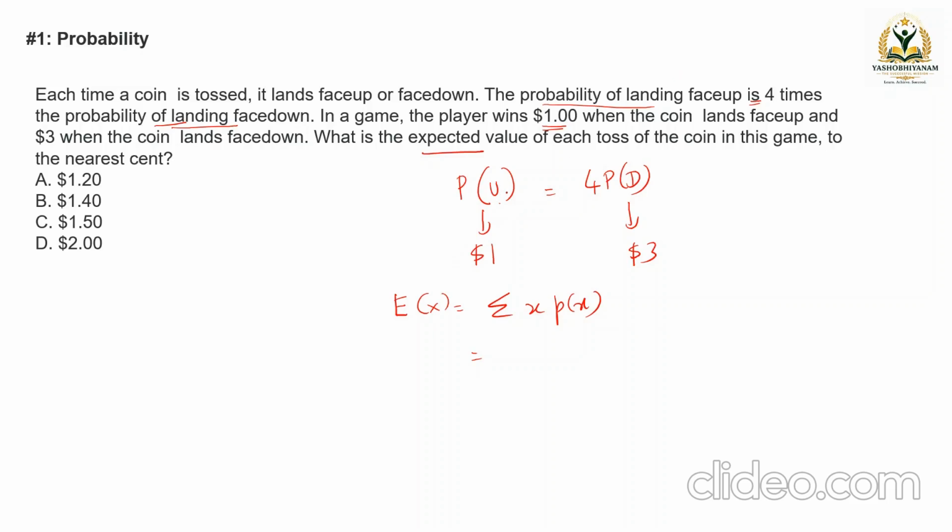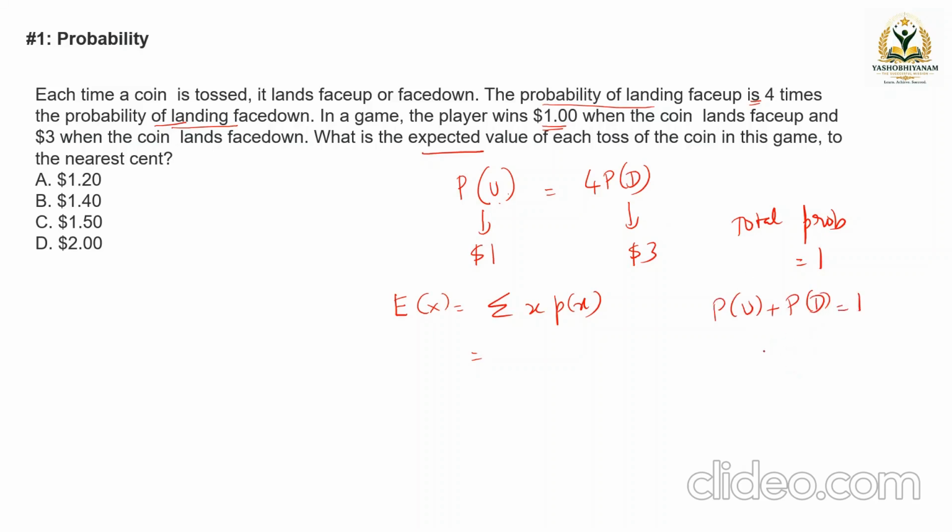It says that probability of U is equal to 4 times probability of D, but we already know that total probability is always equal to 1. So P of U plus P of D is equal to 1, since these are the only two events we have.